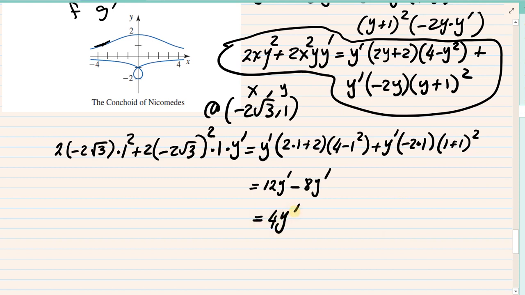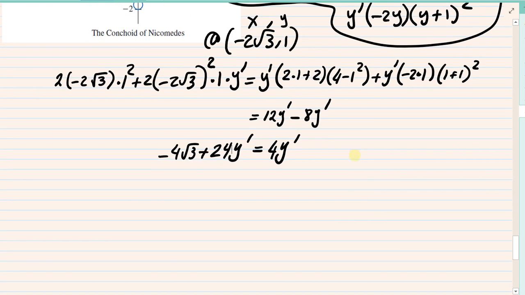The right side is just going to be 4y prime. Now on the left side we have, right in here, root 3 squared is 3, 2 squared is 4. Negative squared becomes positive, and then 2 in front. So that's going to be 24y prime. And then in front, we got negative 2 times 2, that's negative 4 root 3.